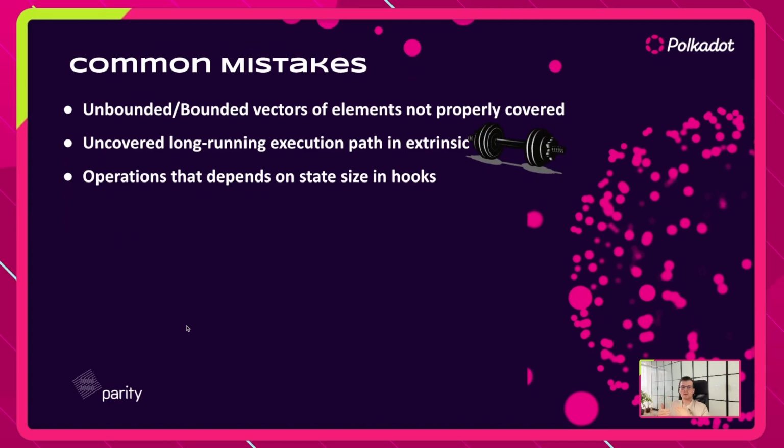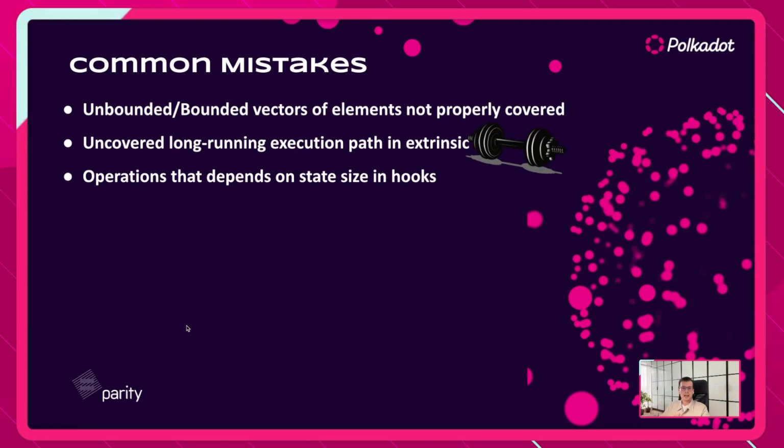And on that hook, we need to iterate over every identity that we have stored in our state and do some logic. So in a case that we underestimate the weight for that hook, we can also exceed the block weight, even in the onInitialize hook. So those are the 3 common mistakes that I have faced while reviewing multiple runtimes.